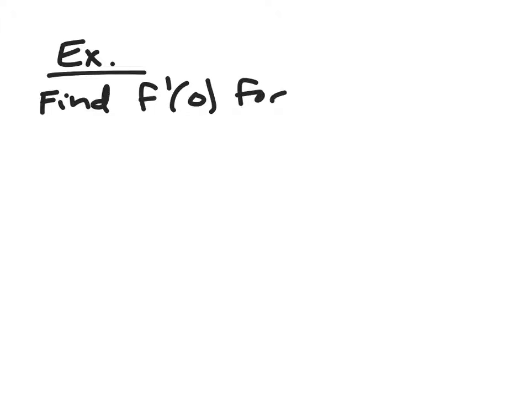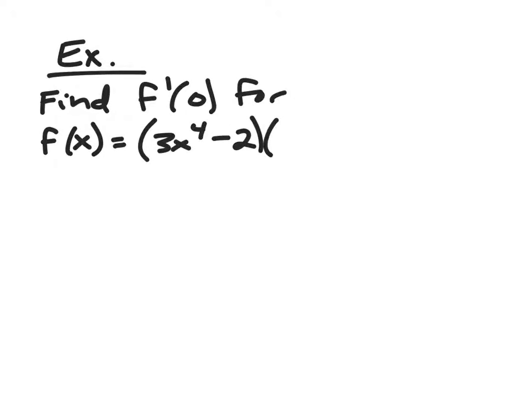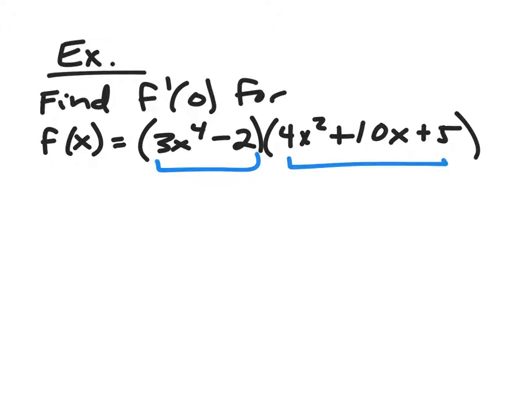So last example, this one's going to change it up just a slight bit. The instructions here say find f prime of 0 for the following function. f of x is equal to 3x to the fourth minus 2 times 4x squared plus 10x plus 5. So applying the product rule, I have a first function times a second function.